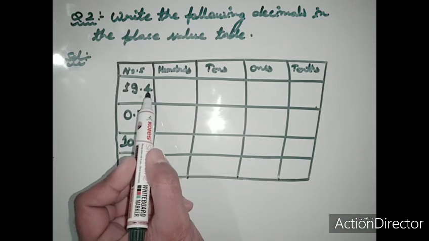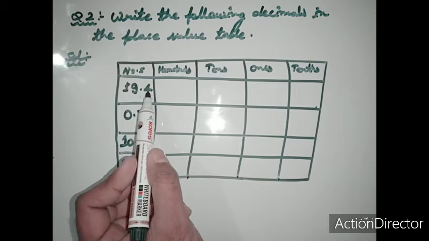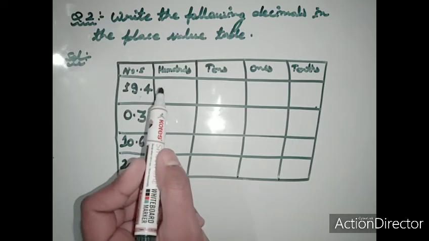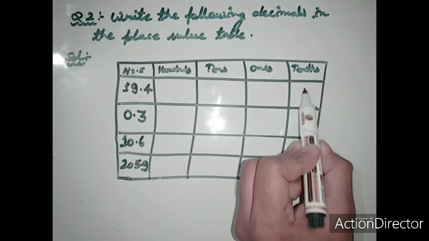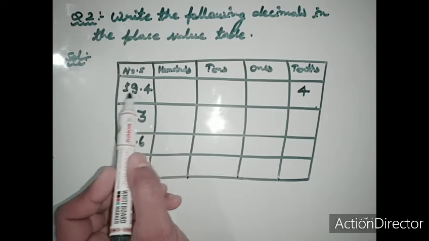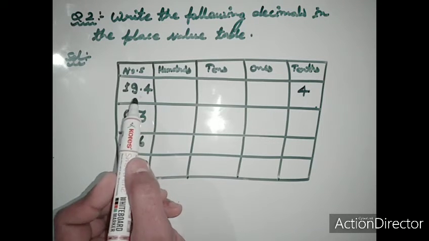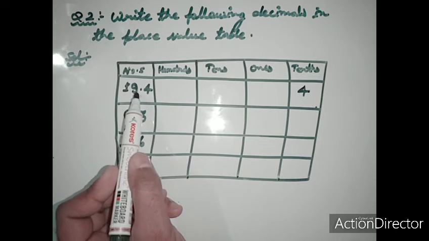What is the place of this 4? Right? After the decimal, we read places like tenths, hundredths, thousandths, right? So what is the place of this 4? Tenths. So we write 4 here. Now before the decimal, this is the whole part, right? And we read places in the whole part as ones, tens, hundreds, thousands, right? So what is the place of this 9?